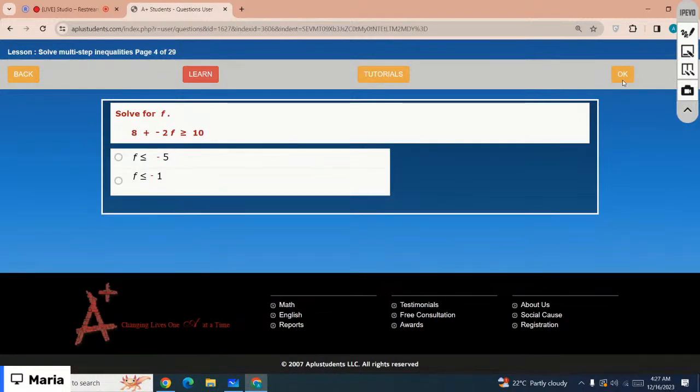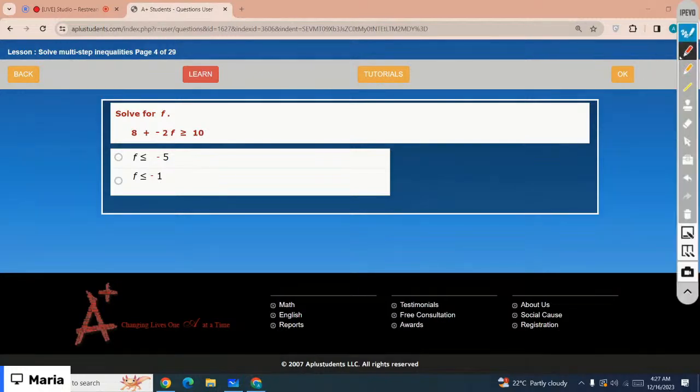Okay, the next one is solve for f. 8 plus negative 2f is greater than or equal to 10. Which is the correct option? First, you have to move 8 to the other side, right? So negative 2f is greater than or equal to 10 minus 8, and 10 minus 8 is 2.